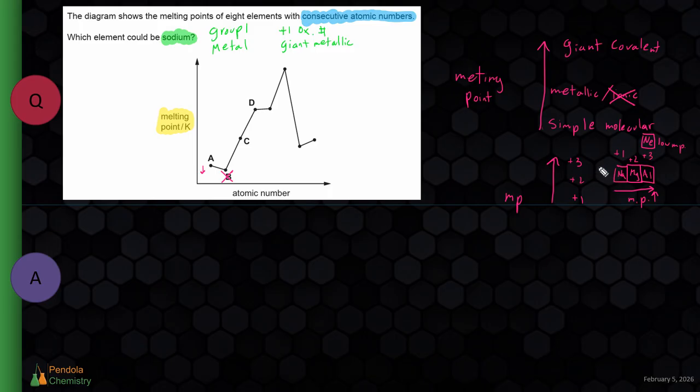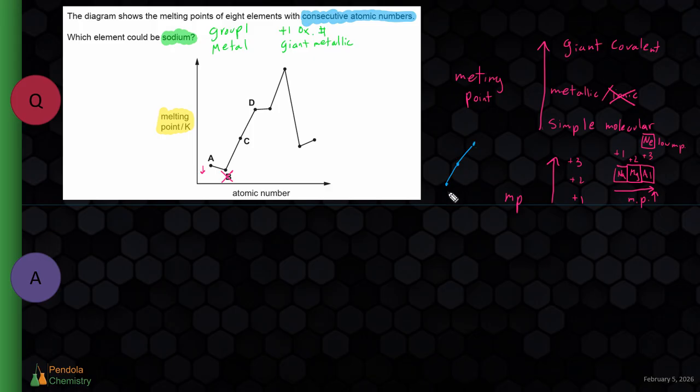So if we were to actually draw this graph from scratch, not taking into account the graph they're giving us, we know neon has a very low melting point, so it will be very low. We know sodium will be higher than that because it's a +1 metal. We know magnesium will be even higher than that.